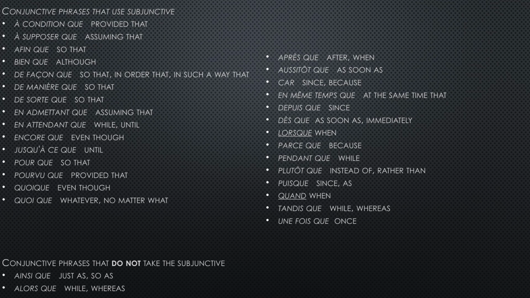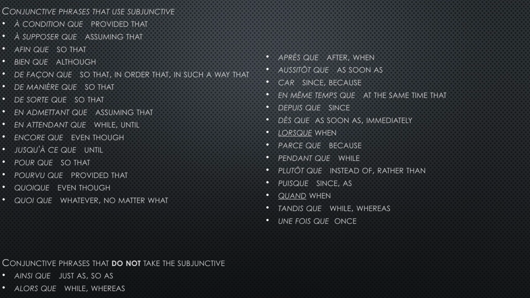Okay, and these conjunctive phrases that I have here on the left, besides the ones on the bottom there, I guess they got a little bit messed up when I converted from PowerPoint to Keynote on my Mac, but that's my problem, not yours.